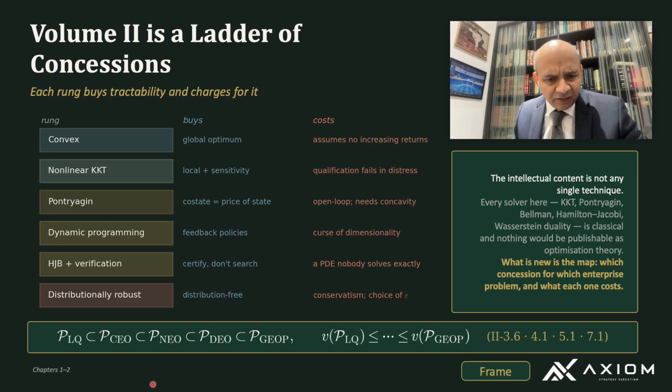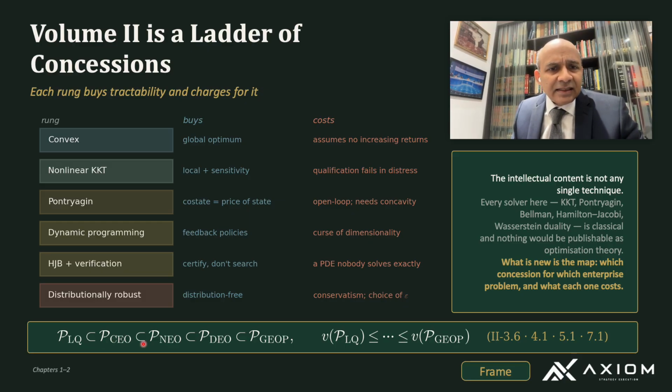So let's have a look at this equation at the bottom. So, nested optimization problem classes. This says that the optimization classes are progressively more general. So you've got linear quadratic problems that are a special case of convex enterprise optimization over here.